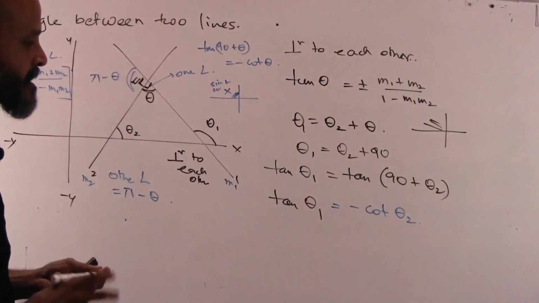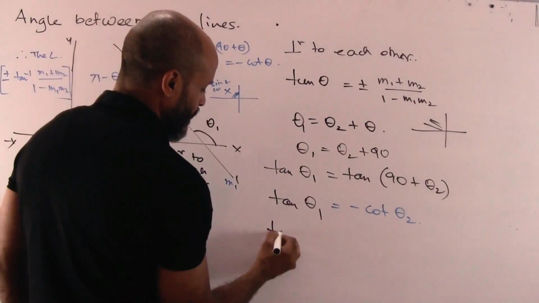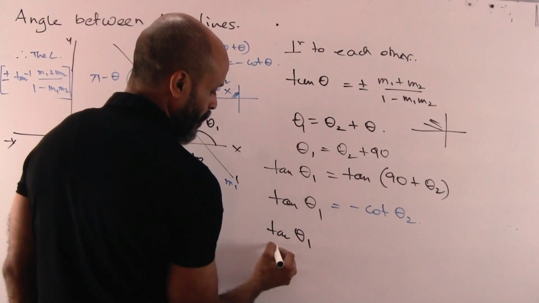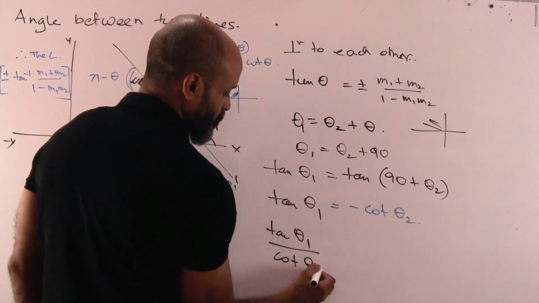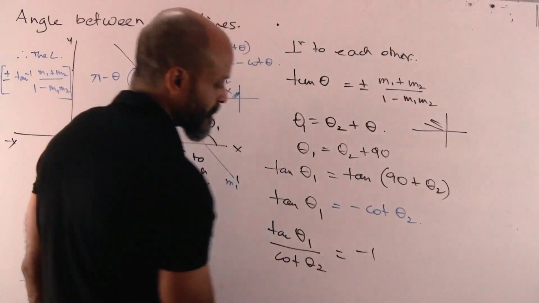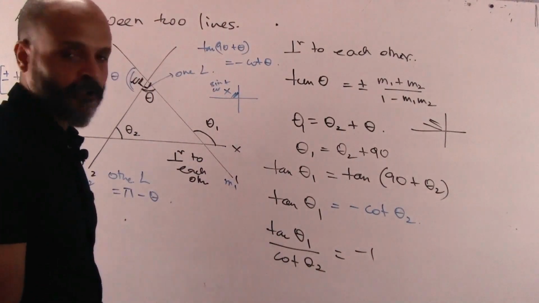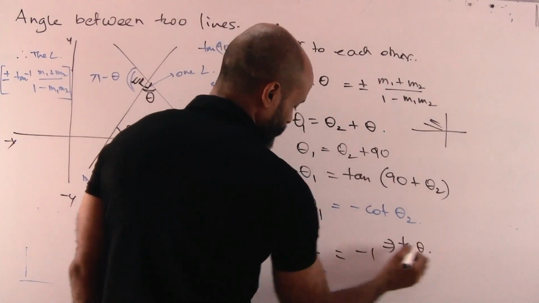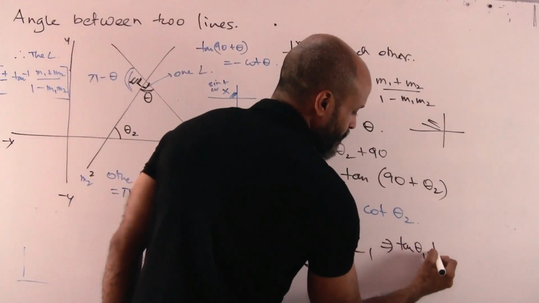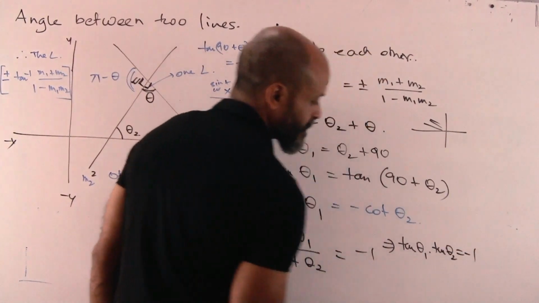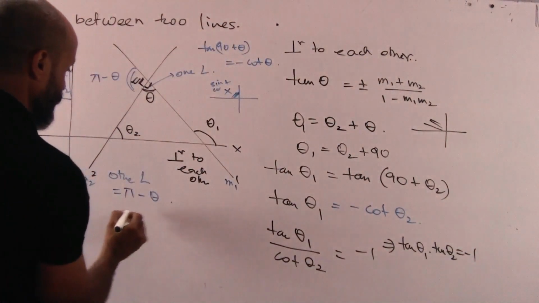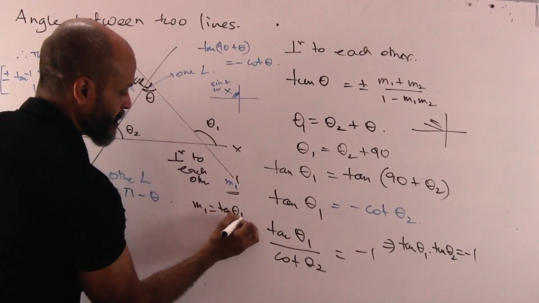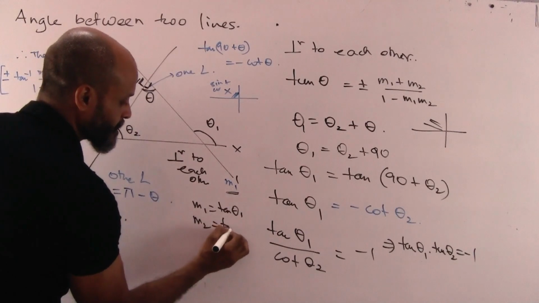Okay. So, in this case we can say that if we bring this here, tan theta 1 upon cot theta 2 is equal to minus 1. So, this will represent what? This tan theta 1 upon cot theta 2 can be written as tan theta 1 into tan theta 2 is equal to minus 1. Now, we all know at the start we had seen that m1 is tan theta 1 and m2 is tan theta 2.